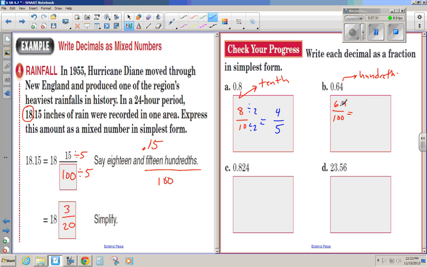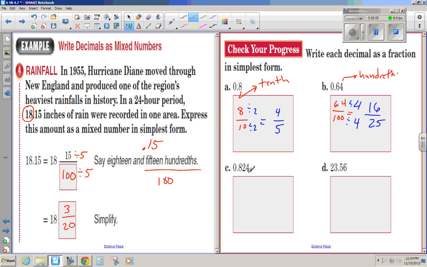I know they're divisible by 4. At least I hope 64 is divisible by 4. The denominator is 25. And the numerator is 16. So 64 hundredths reduces to 16 25ths.